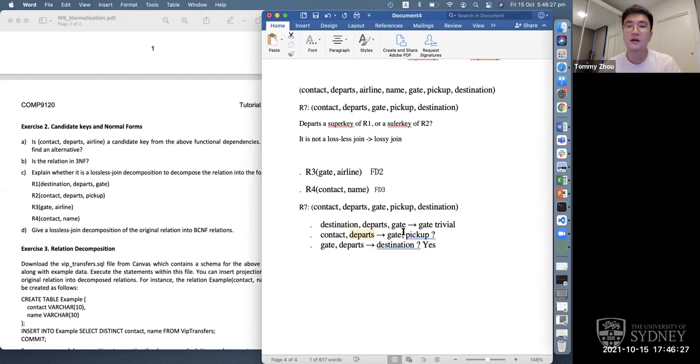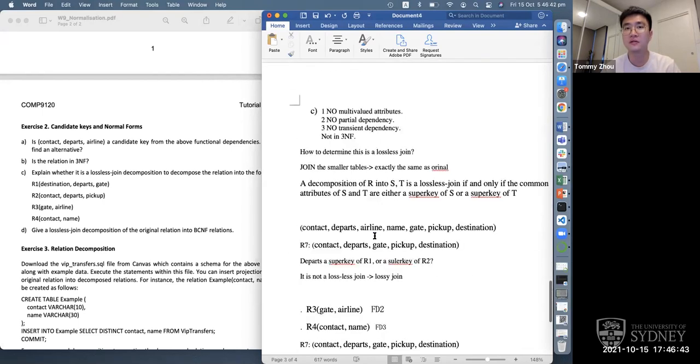Guys, why can't we use this one? So do you guys remember previously we've already identified the combination of contact and departs can be a candidate key. Yeah, previously we did.